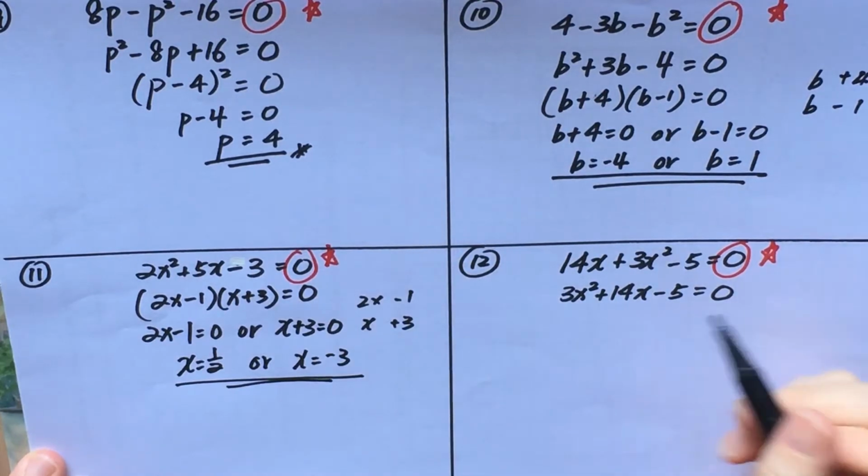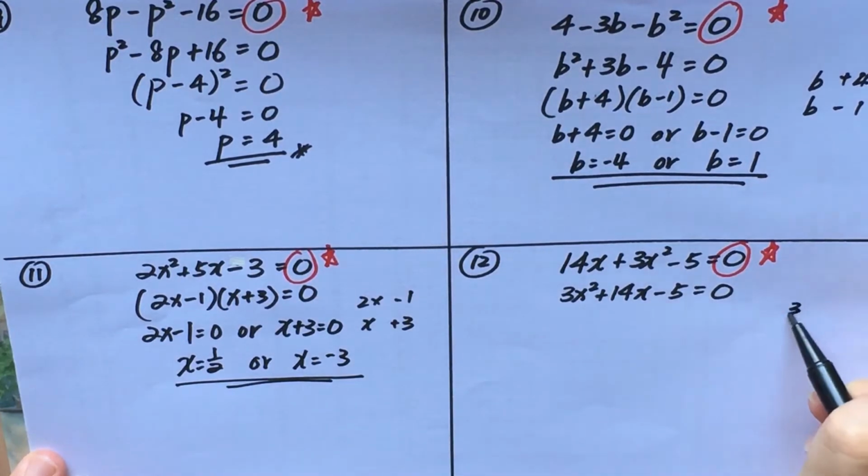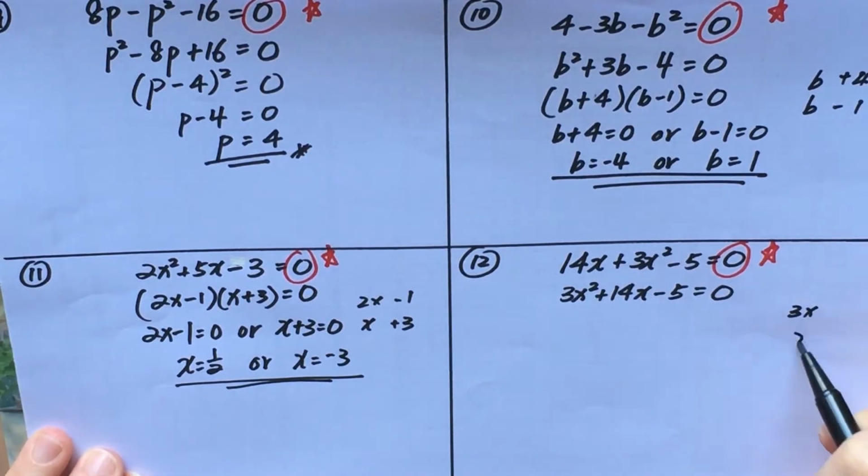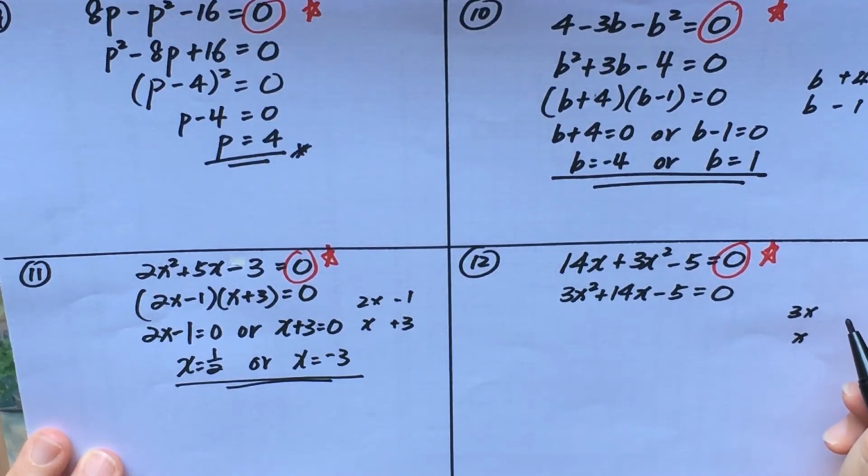Okay, this one, again, we factorize by using the cross method. 3x and x, okay, decompose 3x squared to be 3x and x, and then the 5, I will get 5 here and negative 1 here. Plus, so 5 times 3, 15, minus x, so that's 14x.